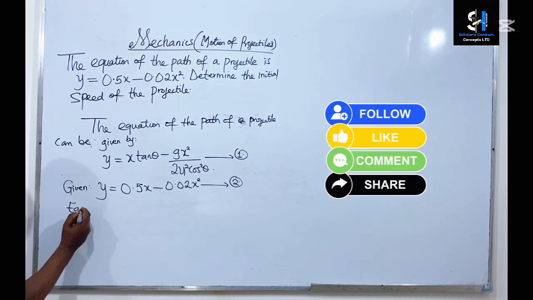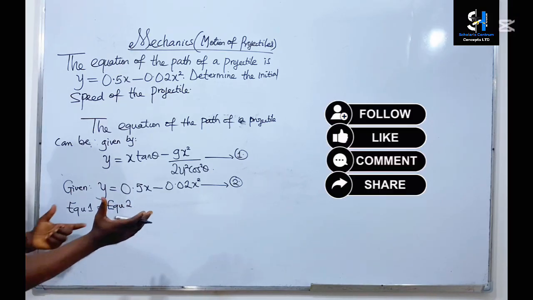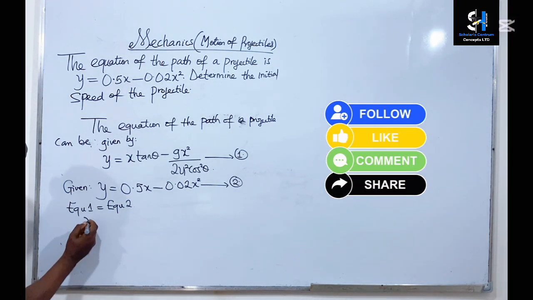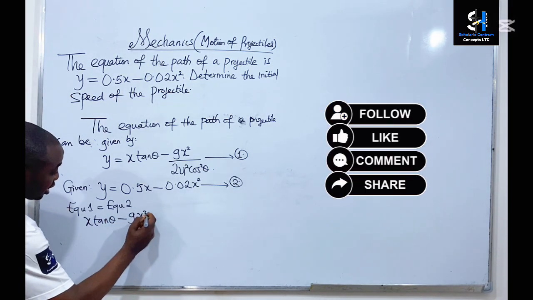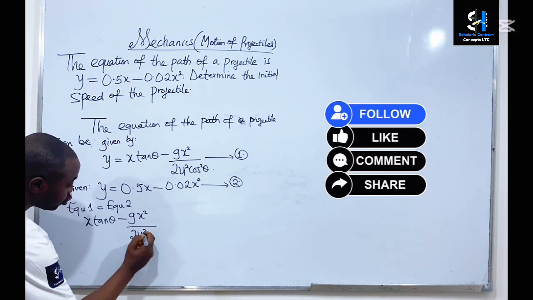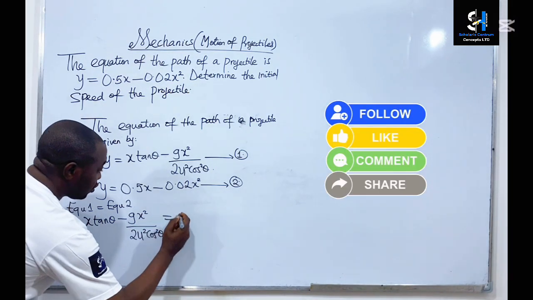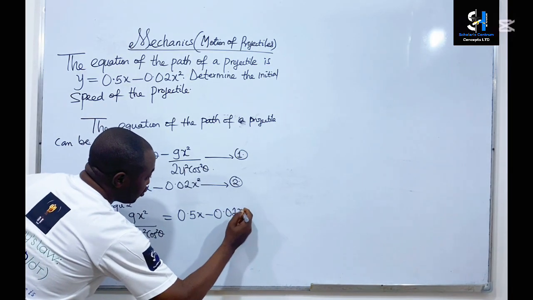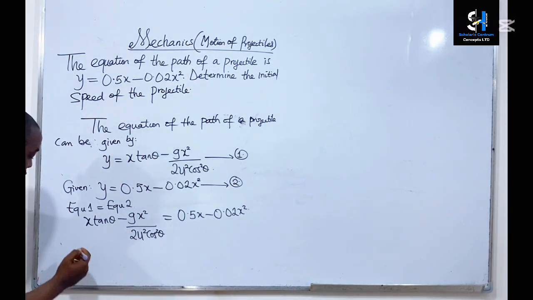Equating the two equations, we have x tan theta minus g x squared over 2u squared cos squared theta equals 0.5x minus 0.02x squared. Now we can compare coefficients.